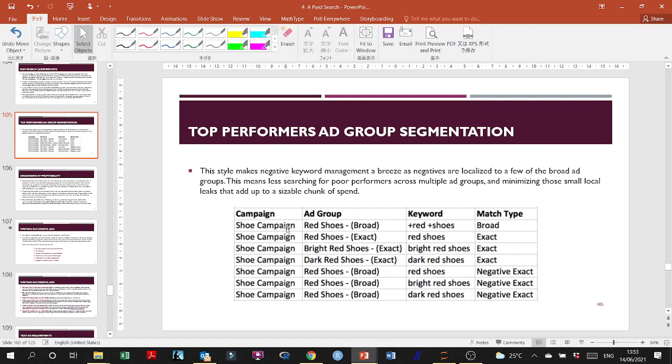This is the ad group for red shoes broad, and this is for red shoes exact. The red shoes broad ad group should have negative exact keywords to get rid of red shoes, bright red shoes, dark red shoes, so that they can be triggered from the exact red shoes ad group, the exact bright red shoes ad group, and the exact dark red shoes ad group.